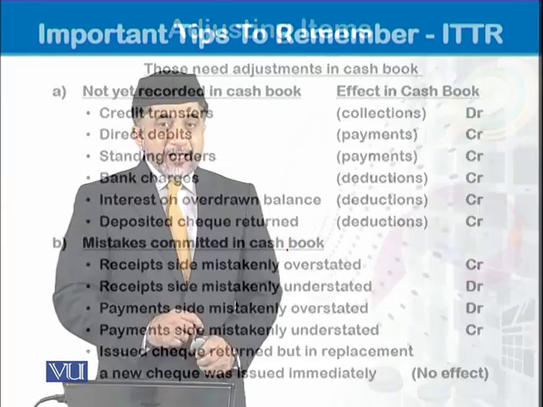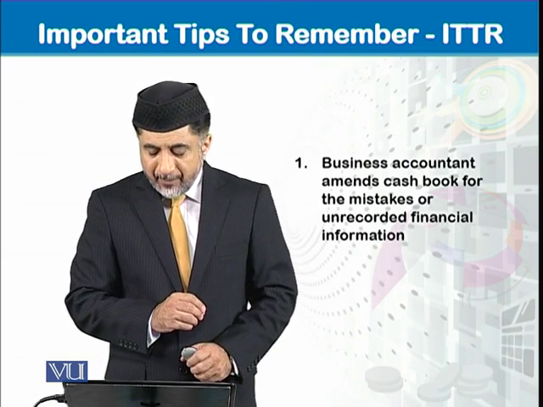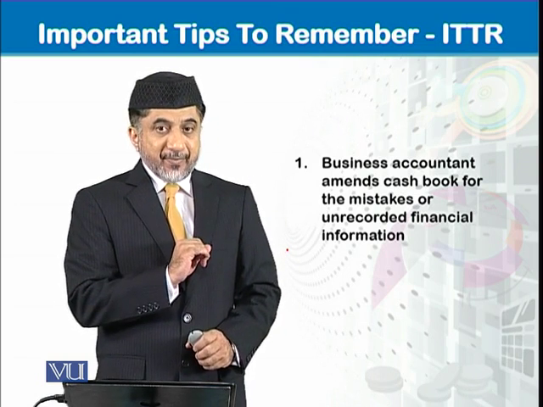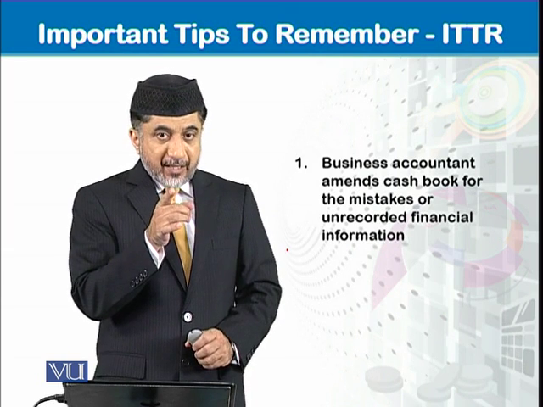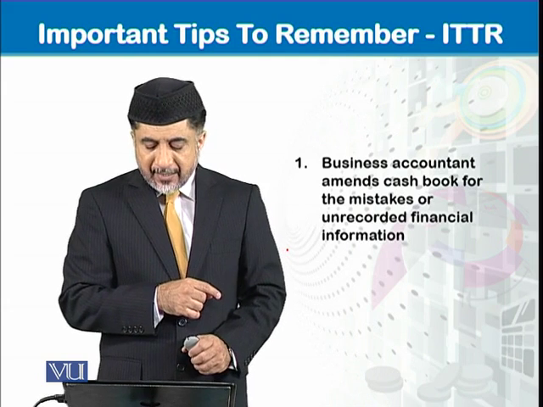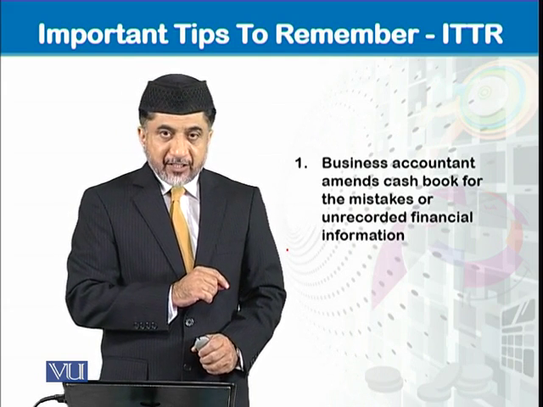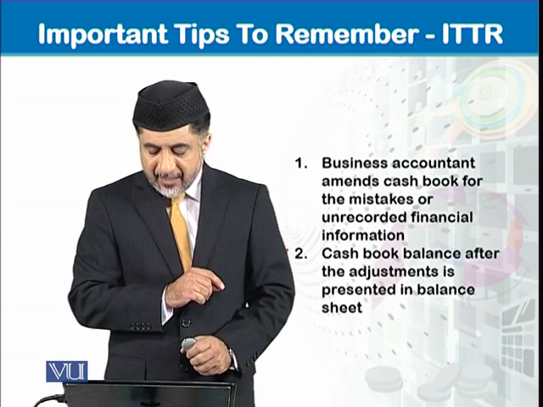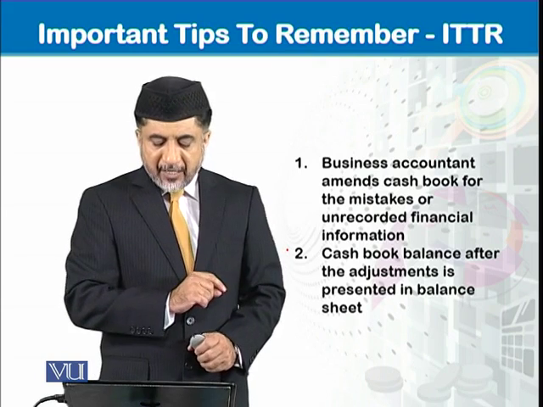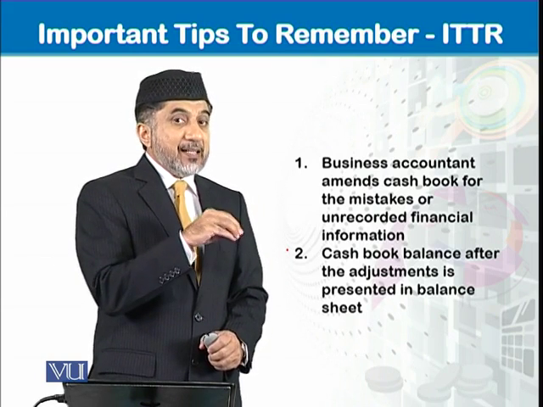So the important tips that we should remember include: number one, the business accountant amends the cash book. Always remember, if you are the business accountant, you will amend your cash book for the mistakes and unrecorded financial transactions or information. And the second one is that the cash book balance after the adjustment is the balance which is presented in the balance sheet.